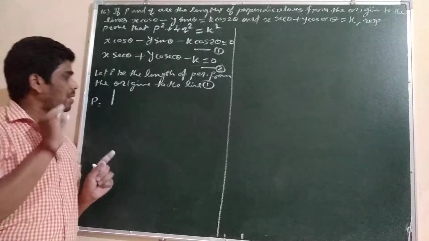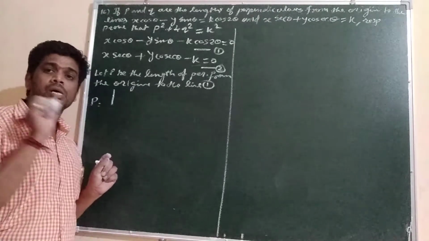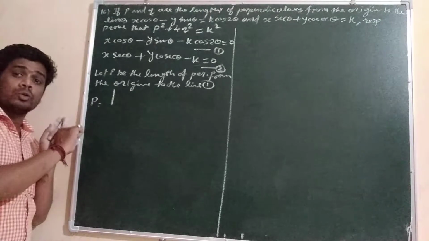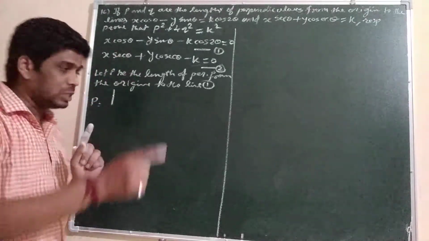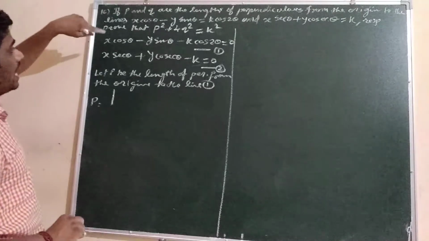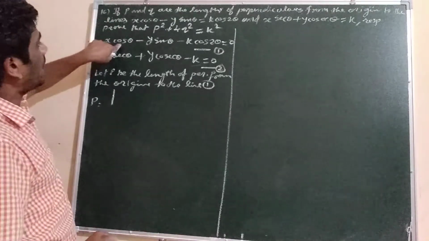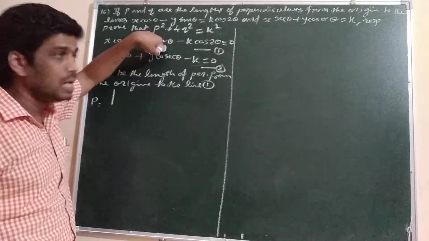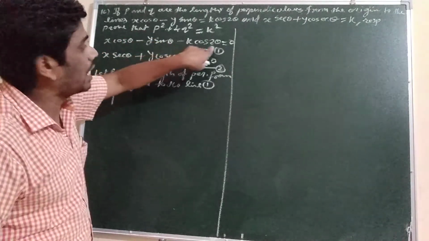This is the formula for the perpendicular distance from a given point to a given line. Here we draw the perpendicular from the origin, so x1 and y1 will be 0. Here a will be cos theta, b will be minus sin theta, and c will be minus k cos 2 theta.